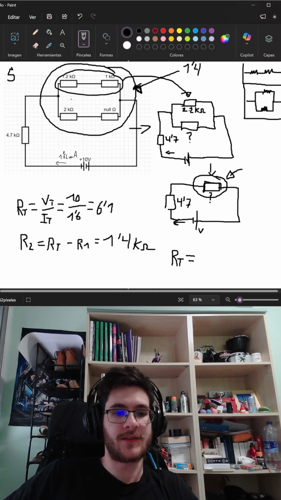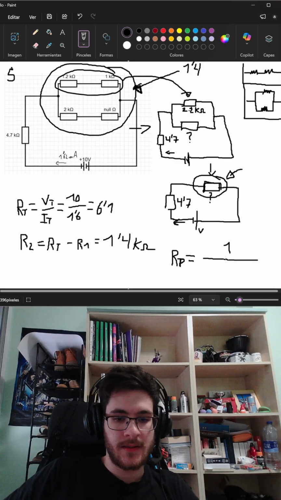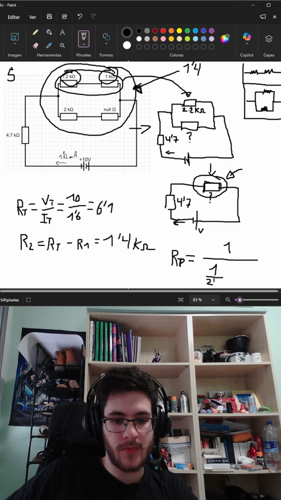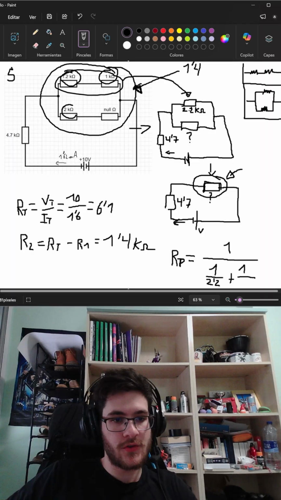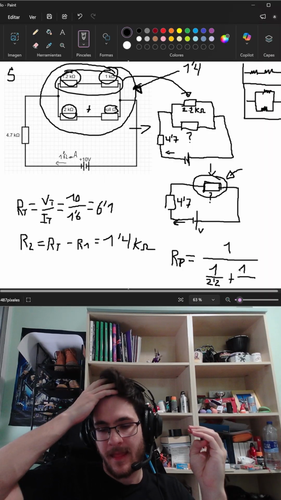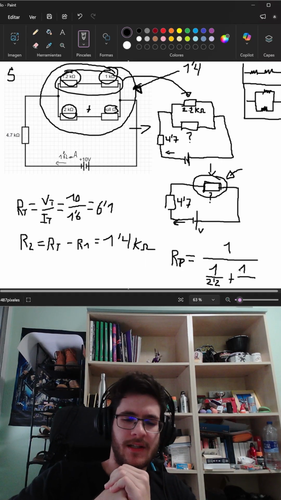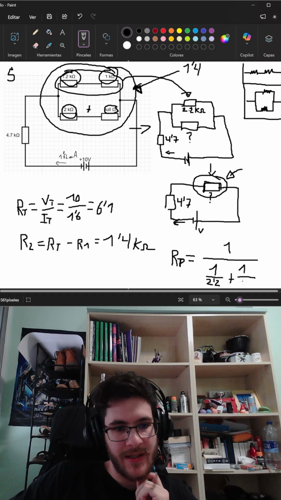The resistance of all the parallel will be 1 divided by the top branch, that will be 1 divided by 2.2, plus 1 divided by 2 kilo ohms plus the thing that we don't know, our variable, the x. So 1 divided by 2 plus x.